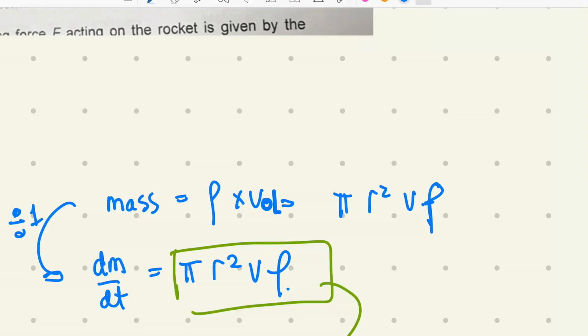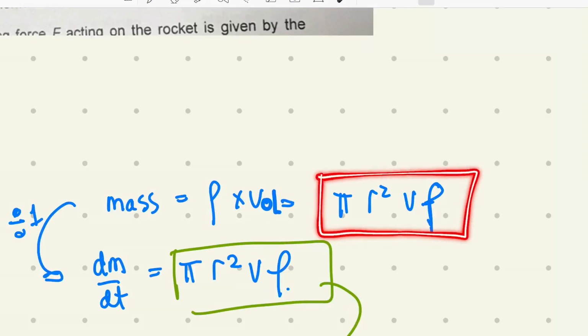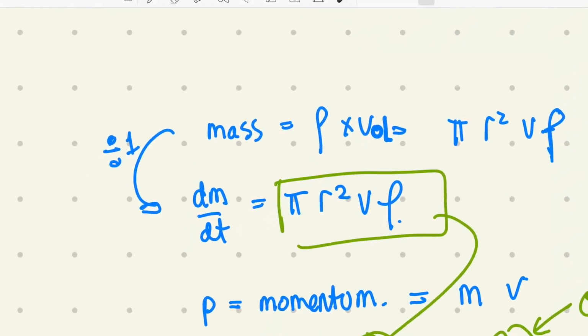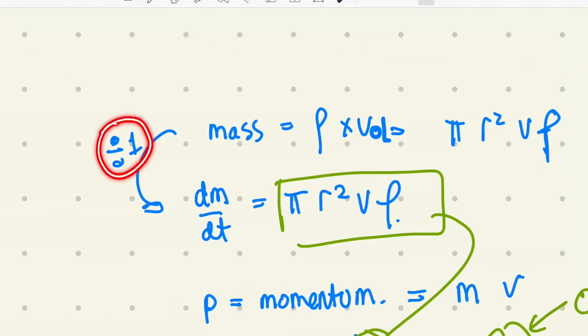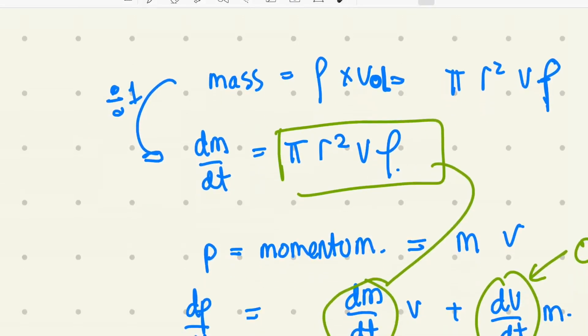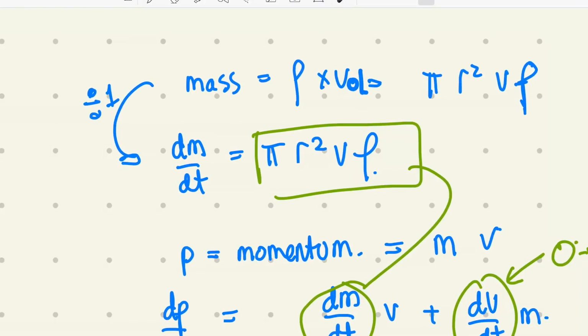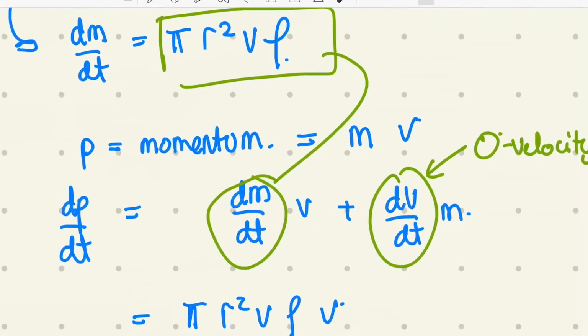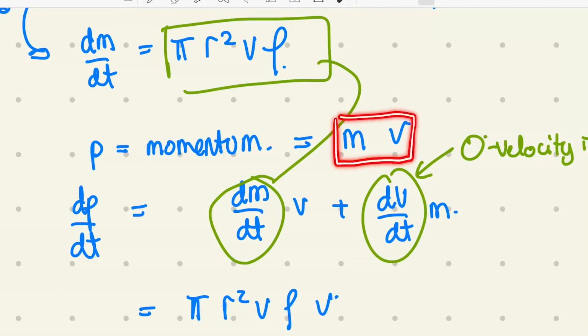So if you multiply that, you get πr²vρ. Then dm/dt, you divide by the time, and don't forget time is 1 second because we take 1 second. Then dm/dt equals πr²vρ, same as the mass because we just divide by 1. Then the momentum, mass times velocity.